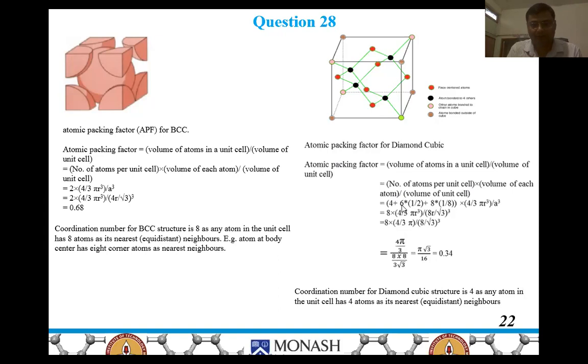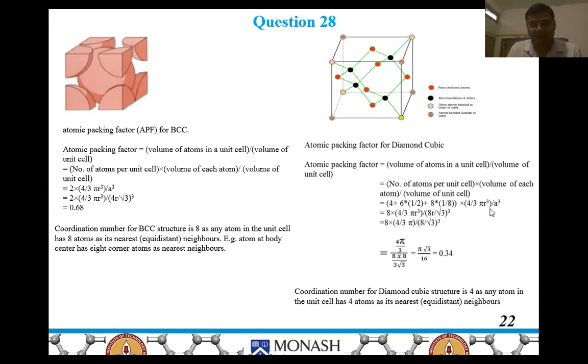So this will be equal to the 4 atoms inside at tetrahedral sites, so 4 plus 6 at the face center, so 6 into 1 by 2, plus 8 corner atoms, so 8 into 1 by 8. So this will be equal to 8 effective atoms into 4 by 3 pi r cube divided by a cube.